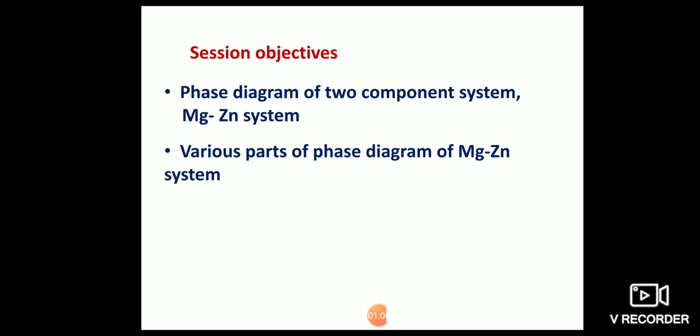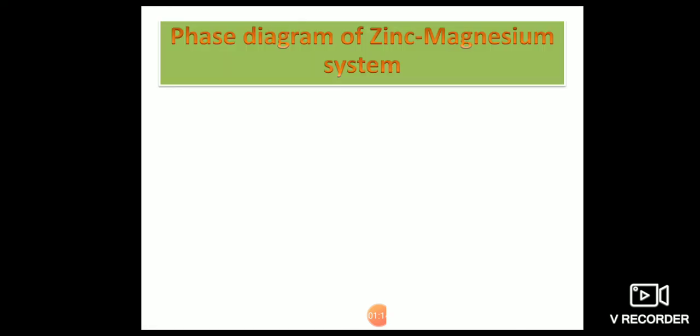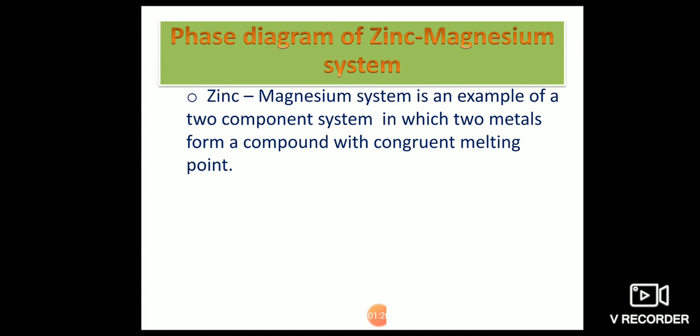Various parts of phase diagram of magnesium zinc system like curves or lines, formation of a compound with congruent melting point, areas. Phase diagram of zinc magnesium system. Zinc magnesium system is an example of a two component system in which two metals form a compound with congruent melting point.